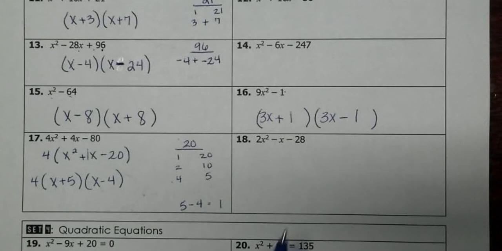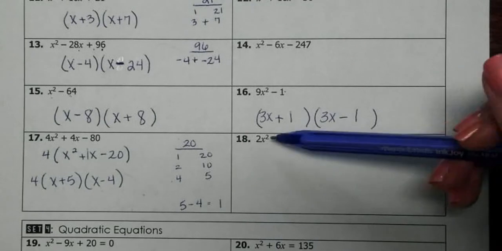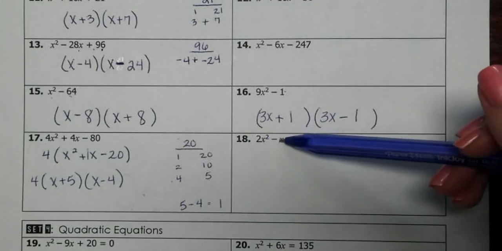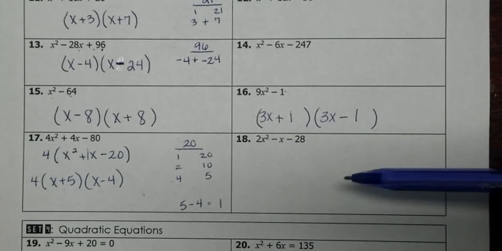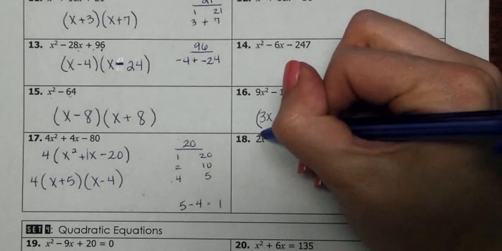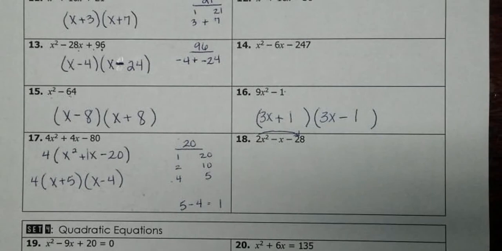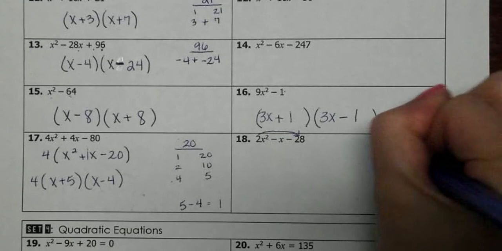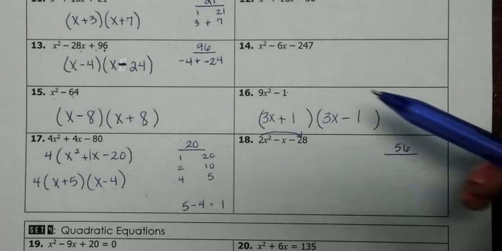So the next one, number 18, this time the 2 can't be taken out of everything because there's not a 2 in front of the x. So this one is worked differently. What you're going to do is take that front number, if it won't go away, and multiply it by the back number, 2 times 28. That will give you 56. So you're thinking of factors of 56 that will subtract to give you a negative 1.